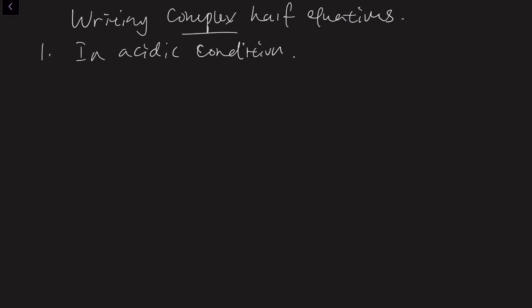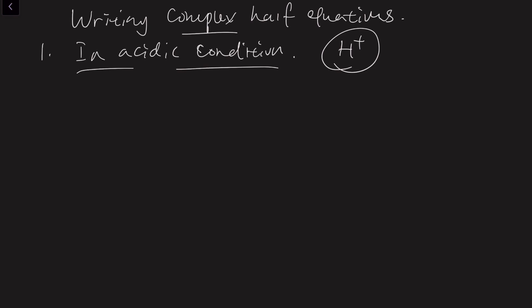You will be told in the exam whether they want you to write complex half equations under acidic or under basic condition. So whenever they give you any indication that hydrogen ion is present in the system, you know it is under acidic condition.